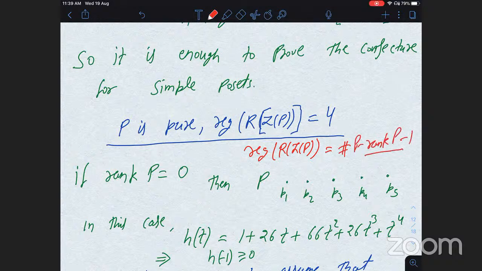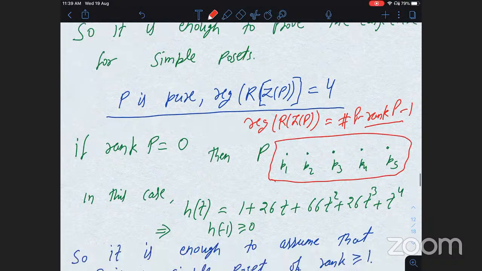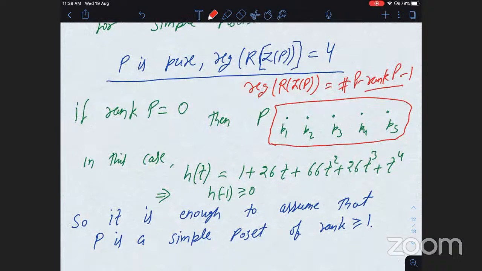So if the rank is 0, then the cardinality of P will be equal to 5. In that case, P will look like this: P is an antichain of 5 elements. We can compute the h-polynomial for this directly, and it will be this. So we can see that H(-1) is greater than or equal to 0. Hence the conjecture holds for this.